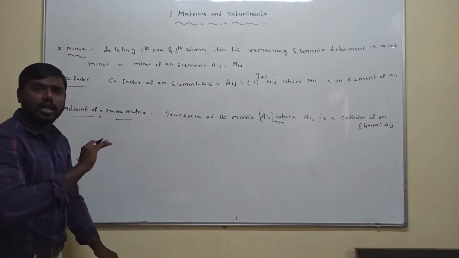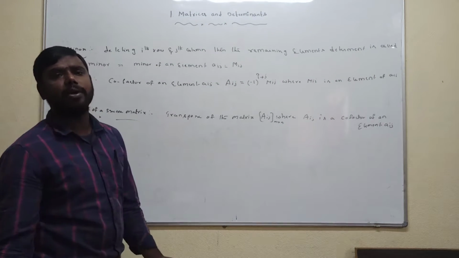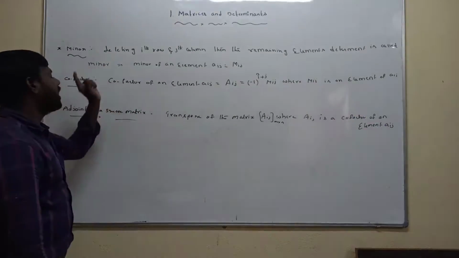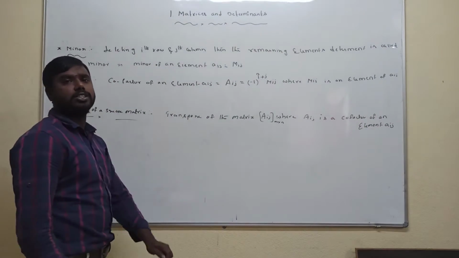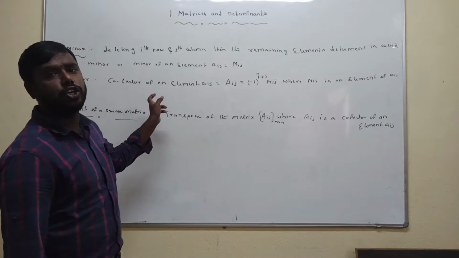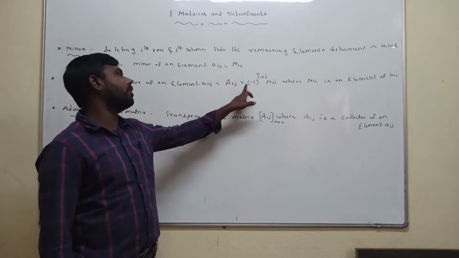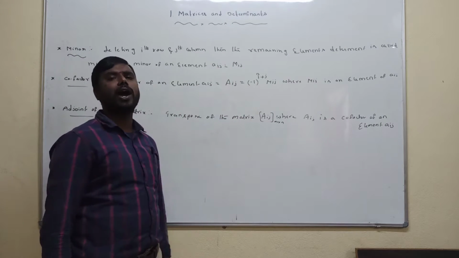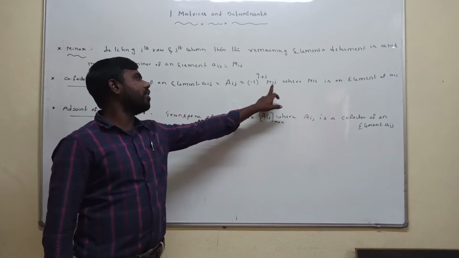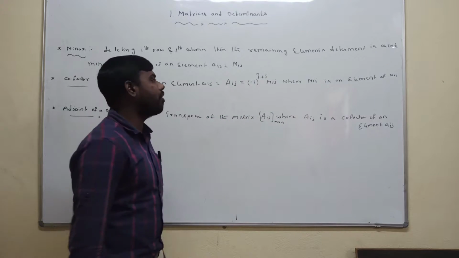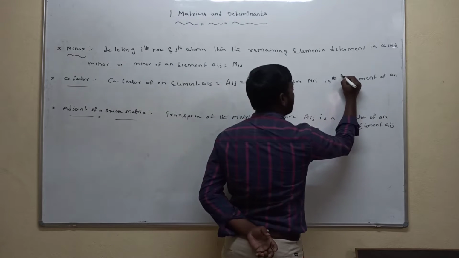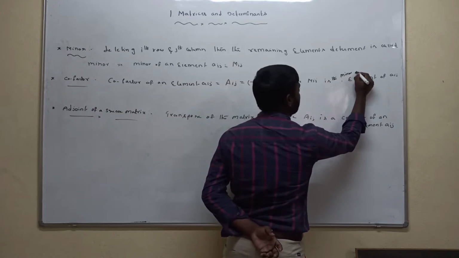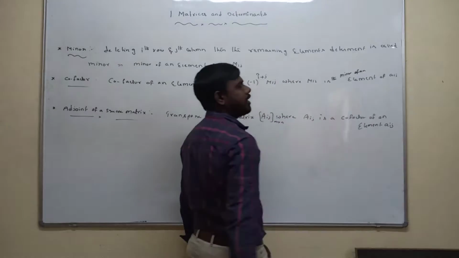Minor is nothing but deleting the ith row, jth column, then the remaining elements, it is called minor. It is denoted by capital Mij. Next, cofactor is denoted by capital Aij, and its form is (minus 1) to the power of i plus j into Mij, where Mij is the minor of the element aij.